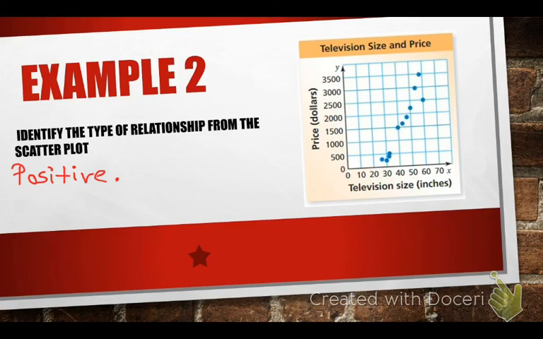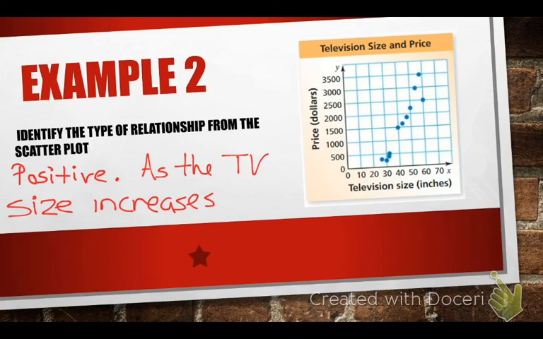But you walk into Best Buy and that's not reality, is it? Okay, so we're going to write that as a sentence. As the television size, you can abbreviate TV, size increases, price or cost also increases.